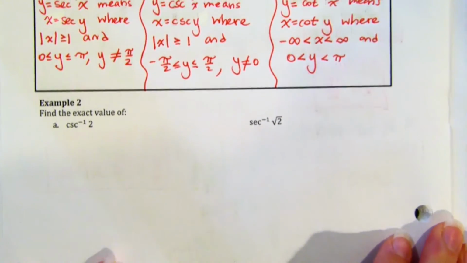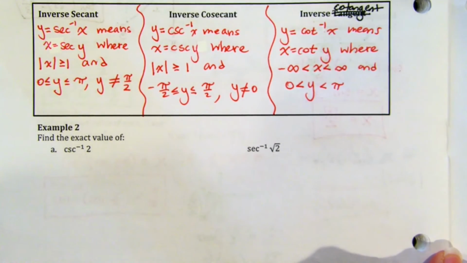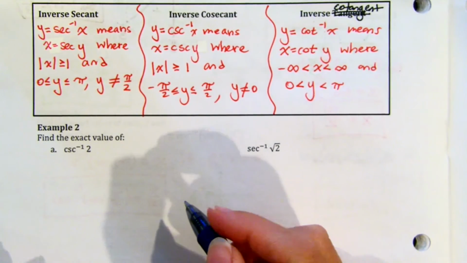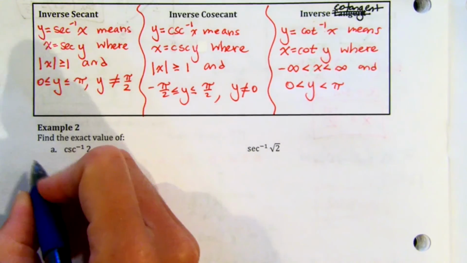We want to find the exact value of the inverse cosecant of 2. So, one way to think about this is to think about its reciprocal function.